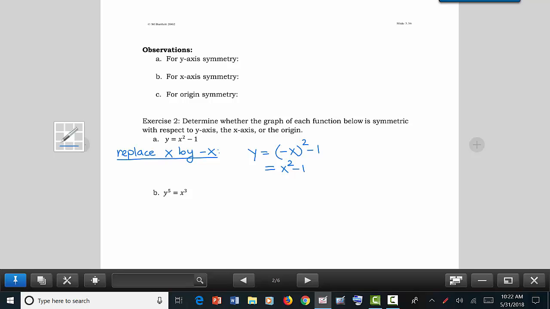It is. That's why it is symmetric about y-axis, because if you replace x by negative x and end up with the same thing, you call it symmetric about the y-axis.